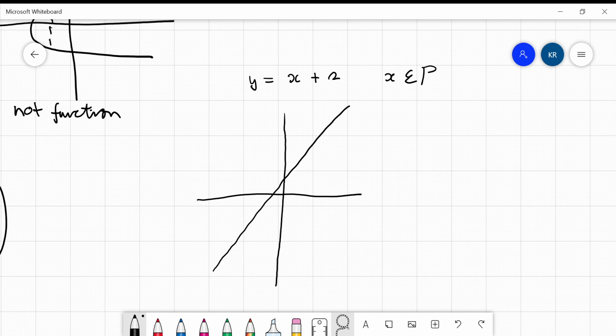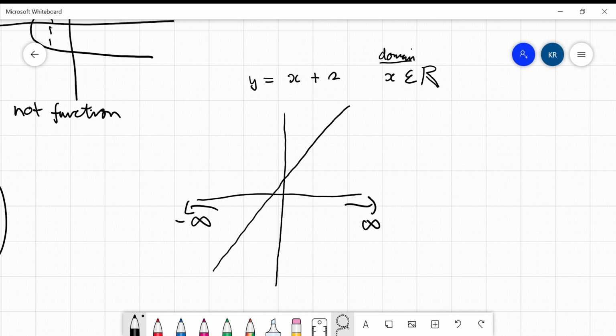So don't be confused by this notation. This means x is a member of the set of all real numbers. So all real numbers means that as x goes to infinity and negative infinity, any of these values, any of these integers or fractions or irrational numbers is part of the domain. So therefore, this is what the domain is. x is a member of all real numbers.